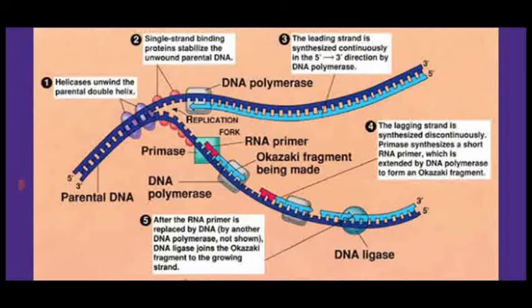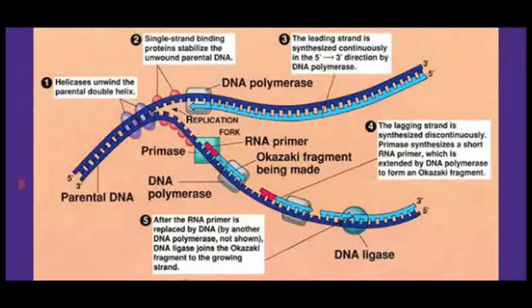See the arrow mark, it starts from the 5-prime end, the light blue color, towards the 3-prime end. This newly formed leading strand shows synthesis in a continuous manner. Then the fourth one is the lagging strand, which goes from 3-prime to 5-prime.